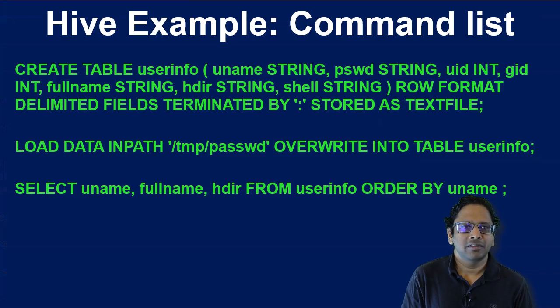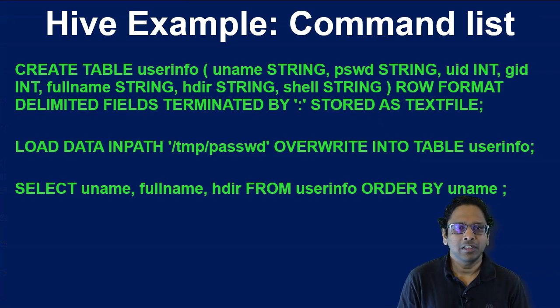And we are basically saying the row format delimiter is a colon. So remember in Pig we had to specify that, so we're doing it here too. And it's a text file, so we're just loading it as a text file.